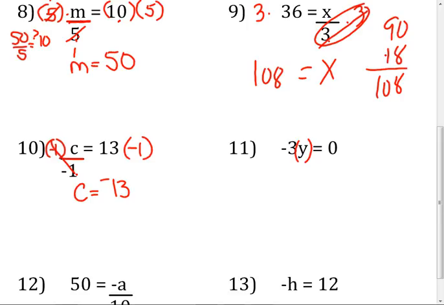How do you get 0? Dean? 2 times what gives me 0? Josh? 2 times what gives me 0? Yeah. 5 times what gives me 0? Evan? Yeah. So -3 times what gives me 0?